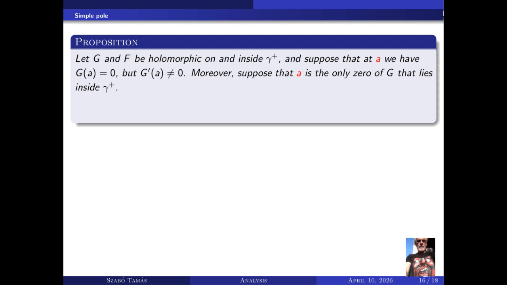Assume also that a is the only zero of g inside γ^+. Then the contour integral over γ^+ of f(z)/g(z) dz equals 2πi times f(a)/g′(a).